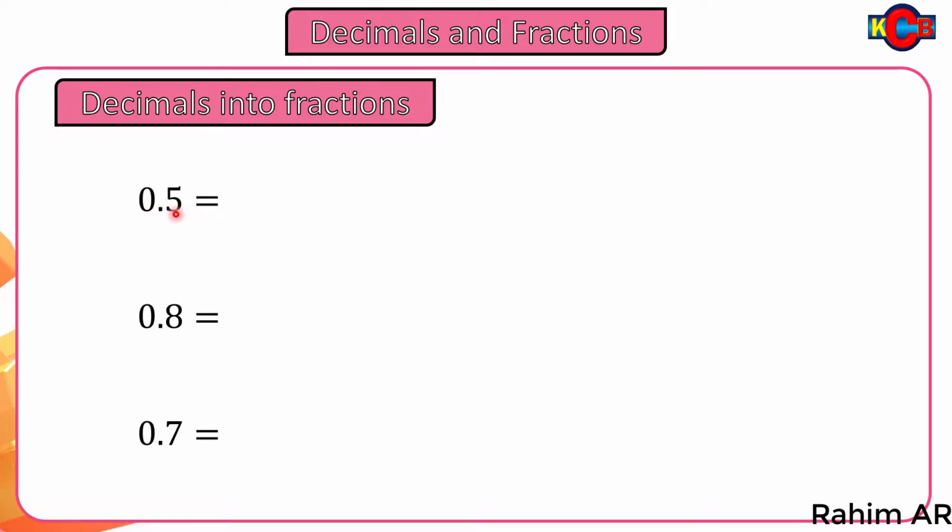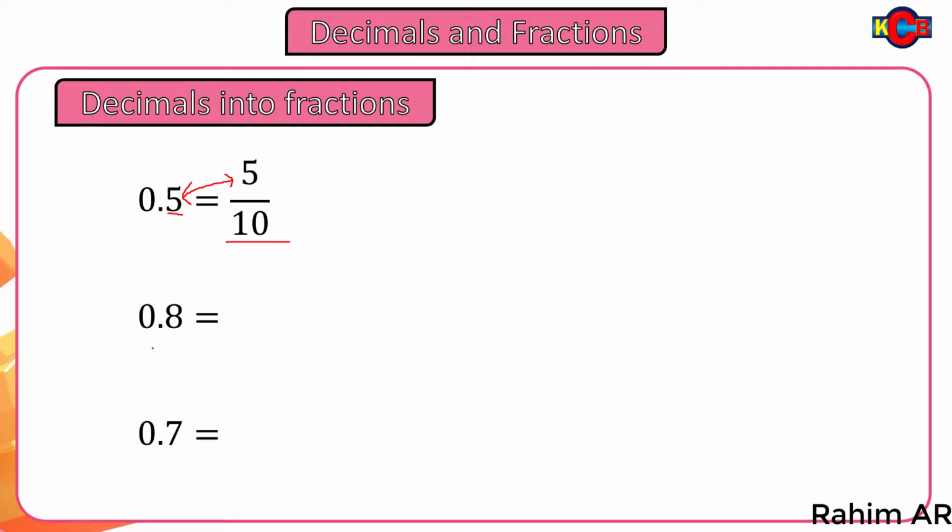This is 5, and the place value for this number is tenths. So, when we change this number into a fraction, we can just directly write 5 tenths.